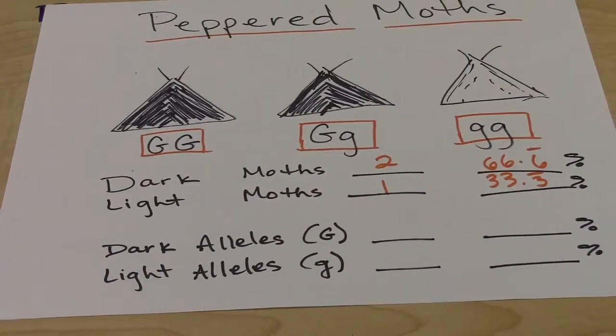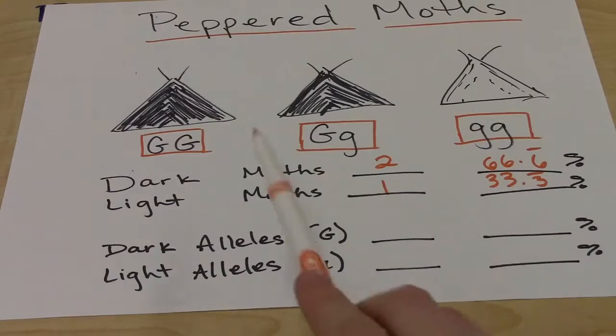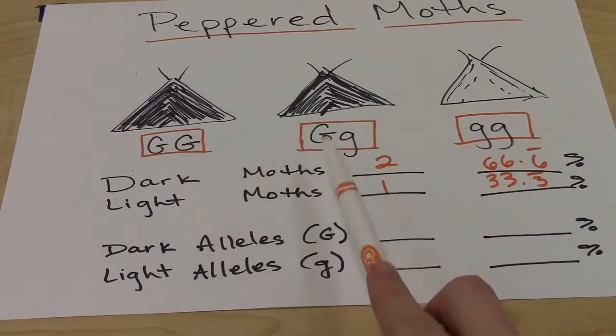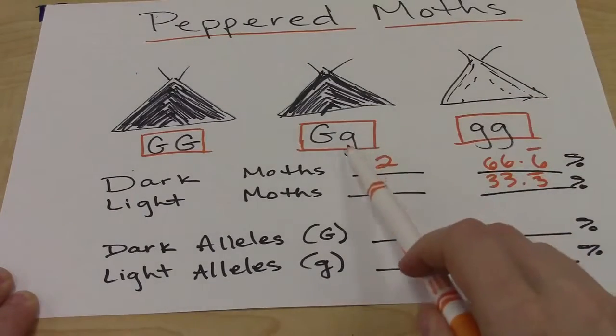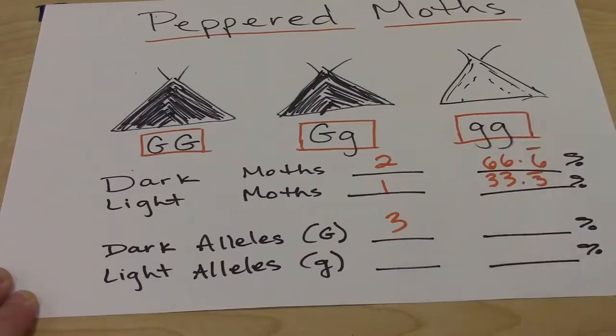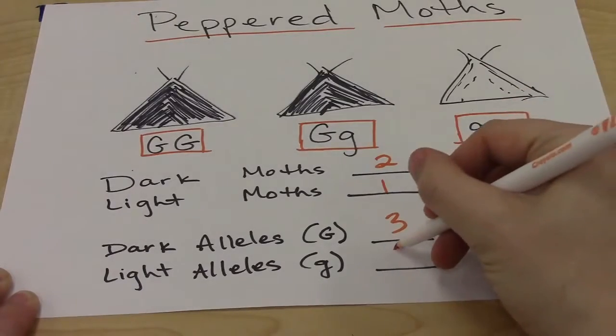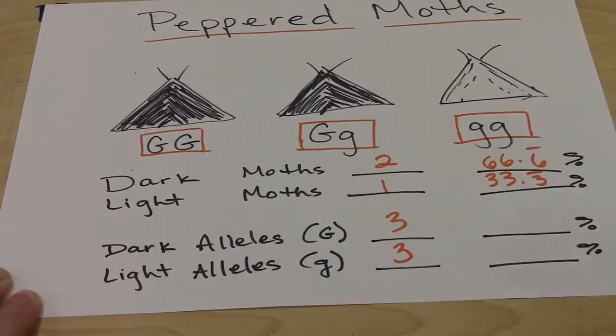Now, we're looking at evolution as change in allele frequency over time, so we need to count the current frequency of moth alleles. So, how many dark alleles are there? There are 1, 2, 3 dominant dark alleles, and then there are 1, 2, 3 light alleles, little g.